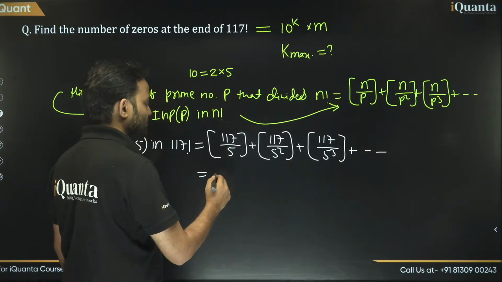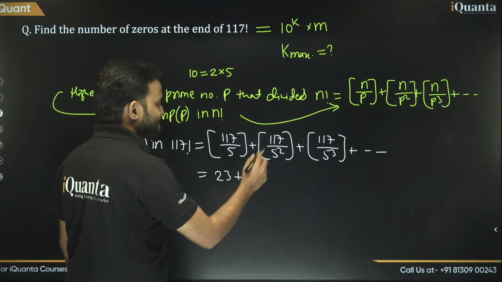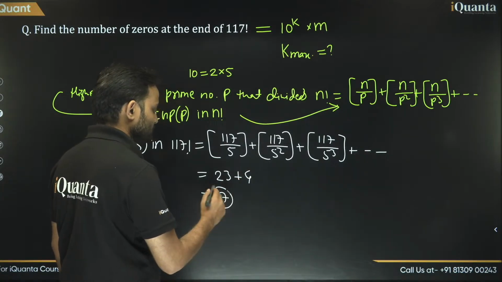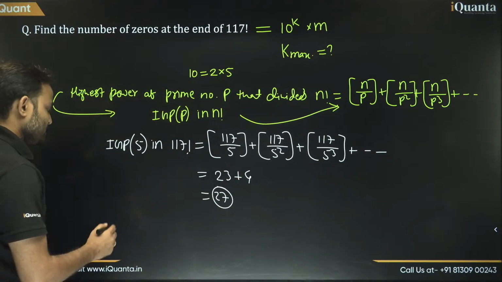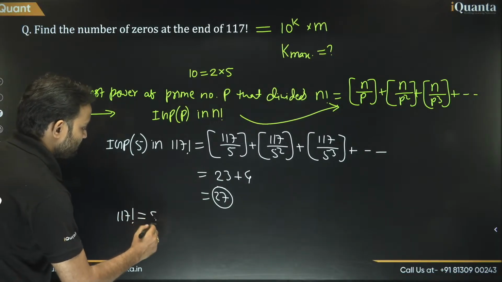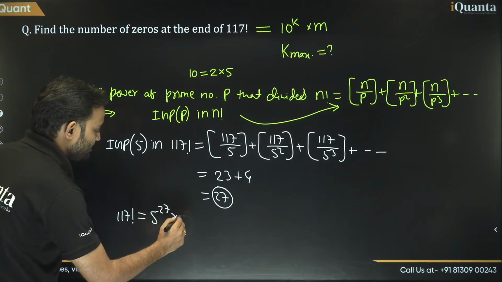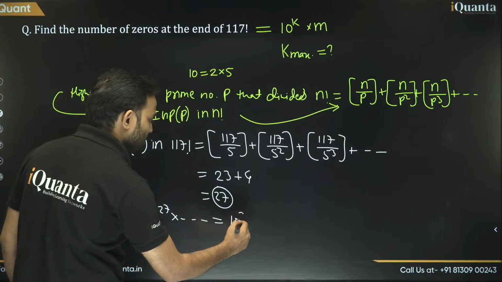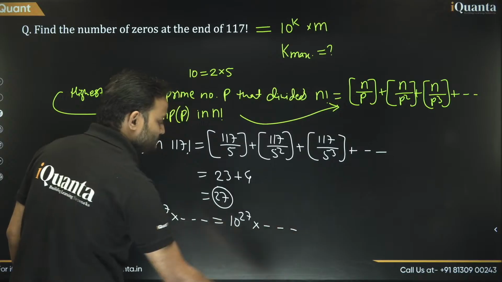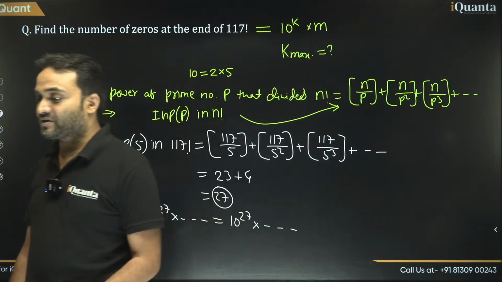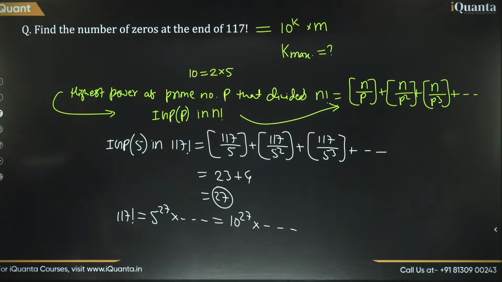So this will be equal to 23, then this will be equal to 4. So that is equal to 27. What does this mean? It means that you can write 117 factorial as 5 to the power 27 into something, which can be written as 10 to the power 27 into something. So your answer is 27. The highest power of 10, or number of consecutive zeros, is 27.